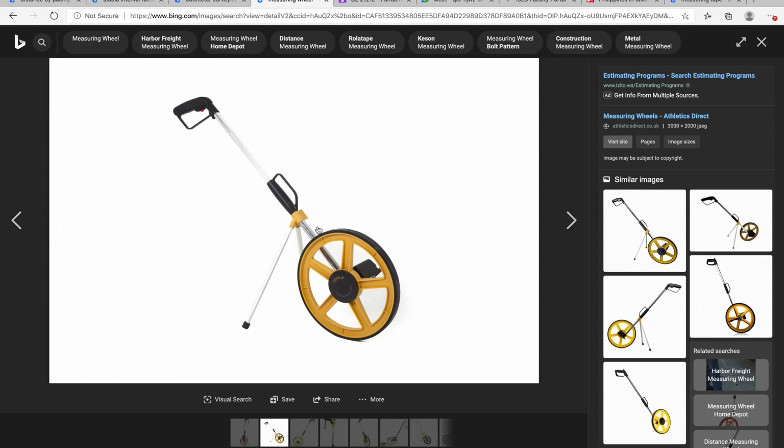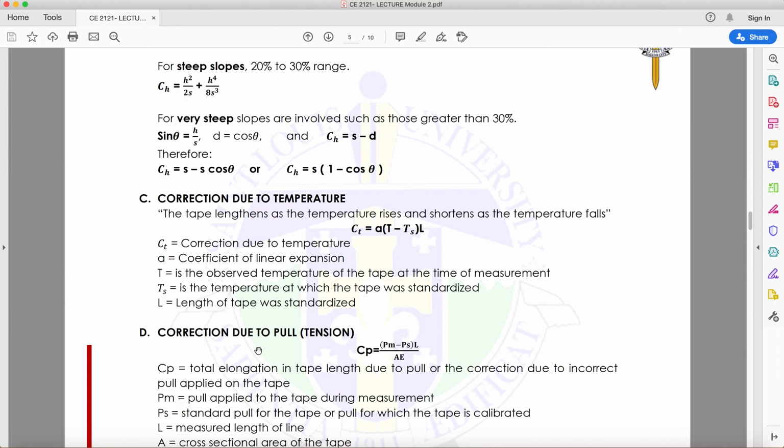It can be the case that mas mainit sa field or mas malamig. If it is too hot, then the material will expand. If it is too cold, the material will compress. That's why we have a correction due to temperature.